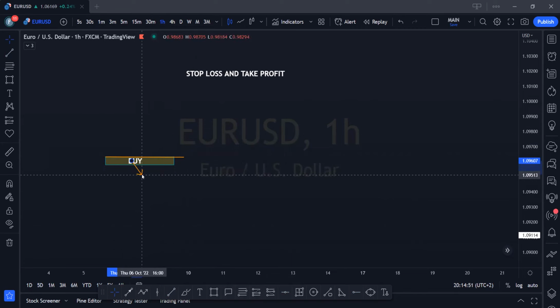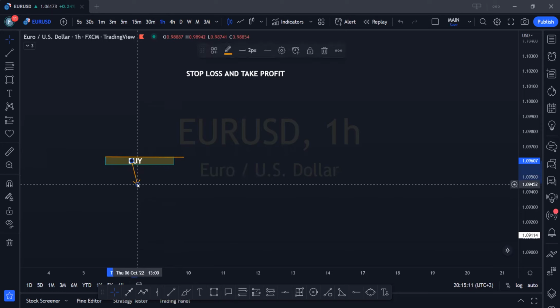All right. So in order not to lose all your capital on one trade, you want to have a system in place to minimize your losses. That's why we say stop loss. So in that case, we use a stop loss. A stop loss is a price in the market where you want to exit a trade in a loss, right? Stop loss and take profit are both exit prices. So there are places where we exit a trade in a loss or in a profit.